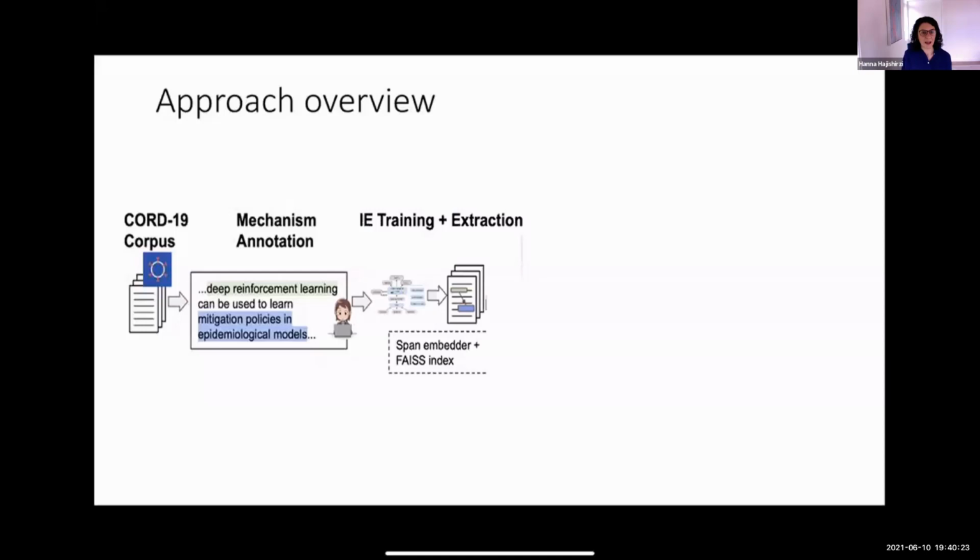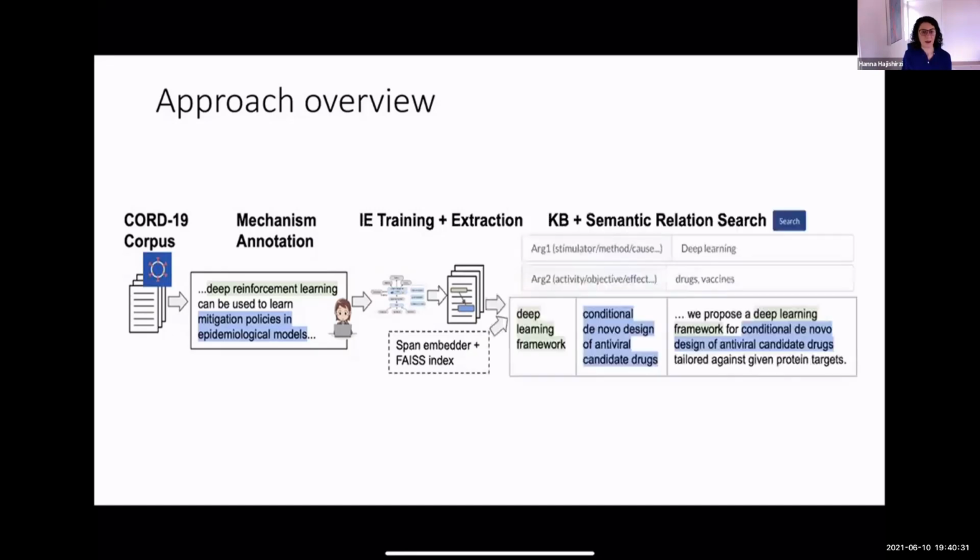Then we trained our DyGIE model on these annotated abstracts, and then combined and integrated them, in basically the very same line of work, to build a large-scale knowledge base of COVID-19 mechanisms, and then did advanced semantic relation search to answer some queries.